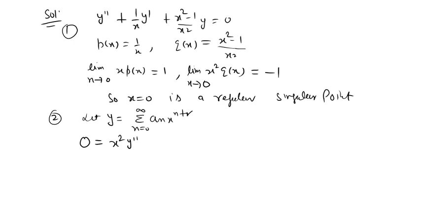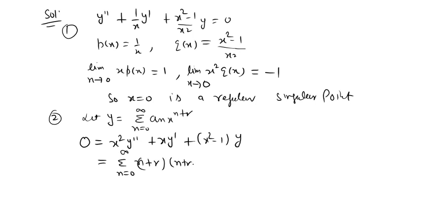Use the original differential equation without dividing by x square, and both are the same. So now compute the second derivative from the series: (n plus r)(n plus r minus 1) a_n x^(n plus r). I'm adjusting x square here.